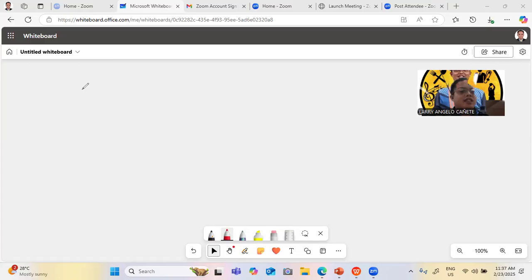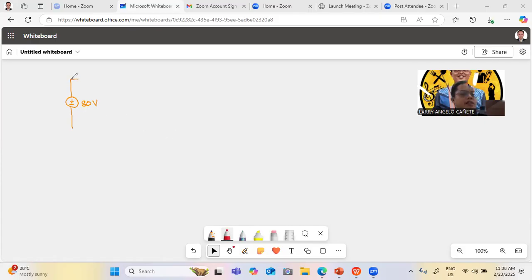So for instance, I have here the circuit. So I'll just use the red pen. So for instance, this diagram, we have here the voltage source, plus minus, assuming that the voltage source is 80 volts.